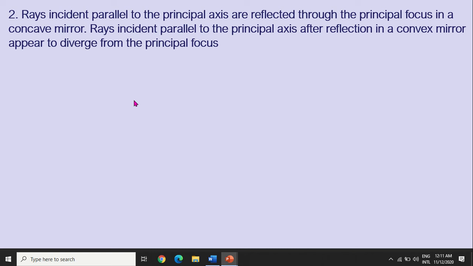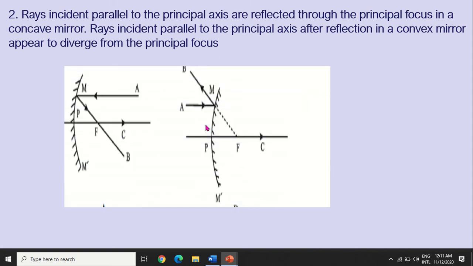Now, number 2, rays incident parallel to the principal axis are reflected through the principal focus in a concave mirror, and rays incident parallel to the principal axis after reflection in a convex mirror appear to diverge from the principal focus. So let's look at the figure. Look here, rays incident parallel to the principal axis.